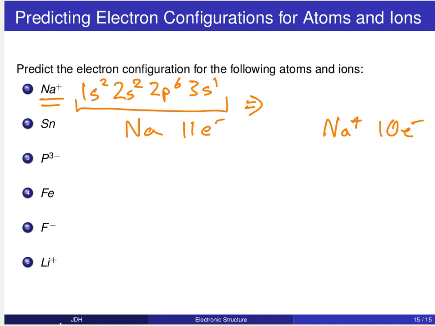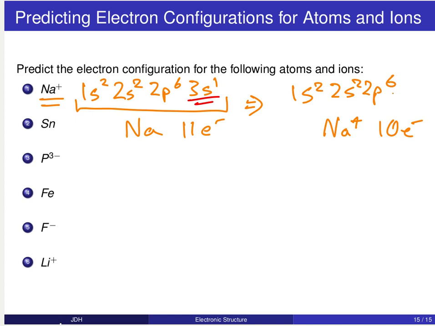So if we're writing out the electron configuration of this cation, then we have to remove one of the electrons. We are going to follow our rules, and we're going to remove that electron from the highest energy orbital. So we're going to kick an electron out of that 3s1, and we're going to come up with an electron configuration of 1s2, 2s2, 2p6.